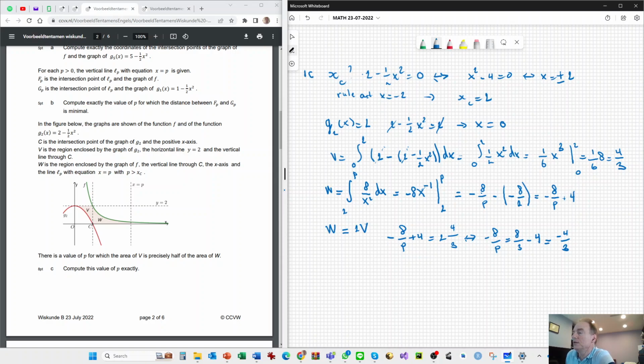Then I can get rid of the negative sign. I just do the cross product. You have two quotients here, and p cannot be 0. So I get minus 24 equals minus 4p, and that means p is equal to 6.